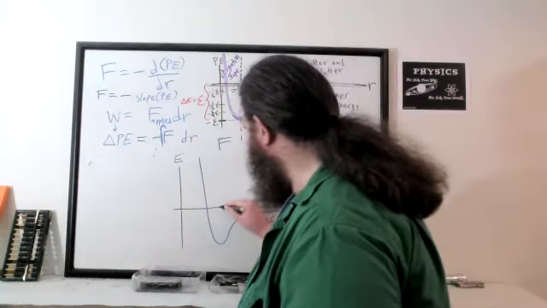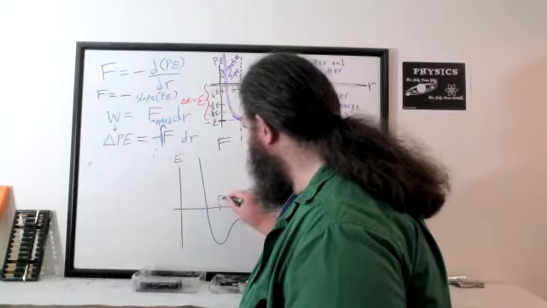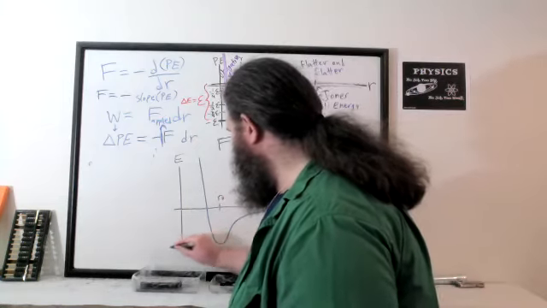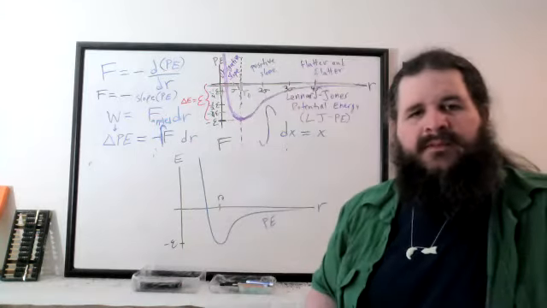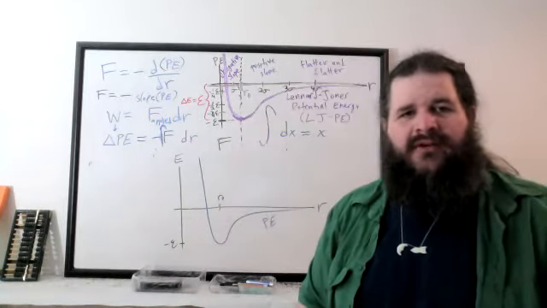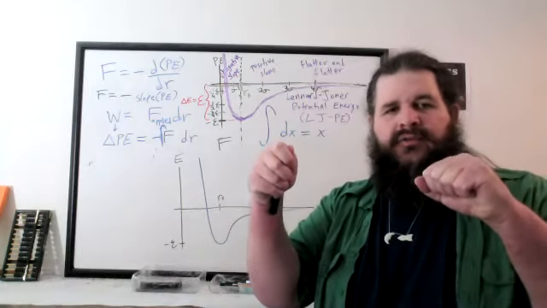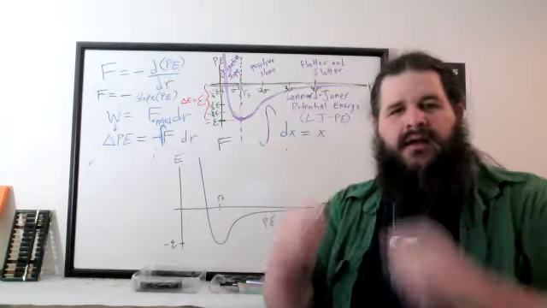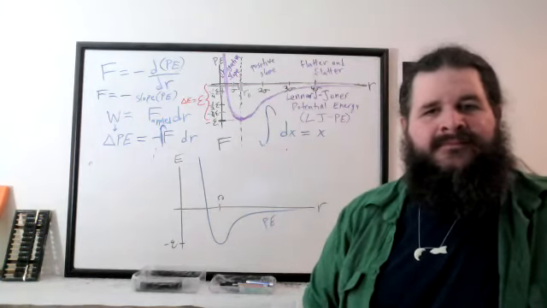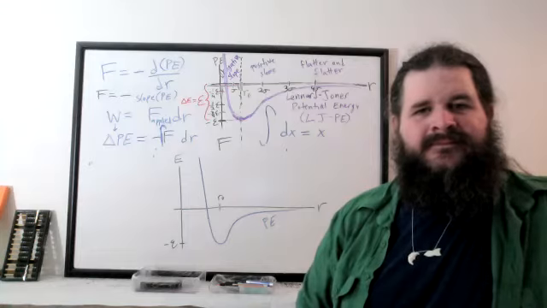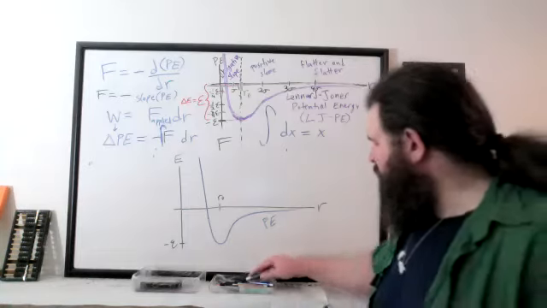So we're going to mark R0, negative epsilon. But presumably potential energy is not the only type of energy involved here. If these atoms, presumably they're not just staying still, they're going to be moving, which means what other type of energy do they have? Right, they're going to have kinetic energy.